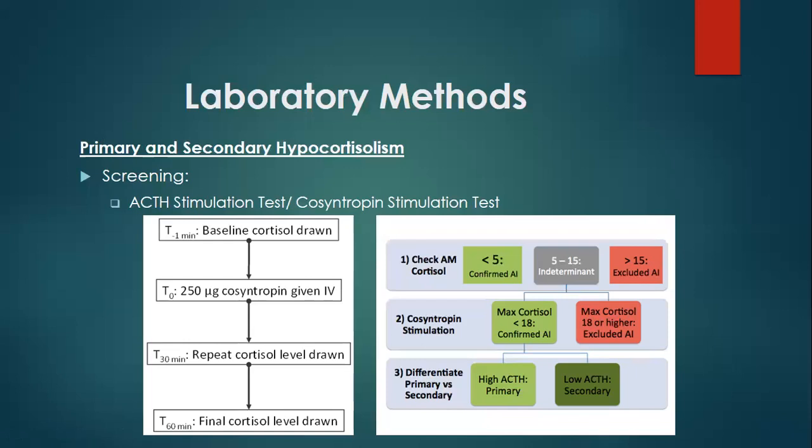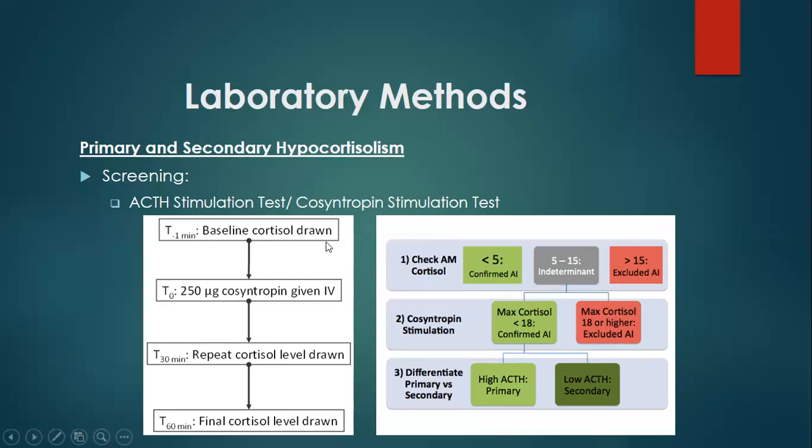A screening test for these two is what we call the ACTH stimulation test or the cosyntropin stimulation test. So how do we do this? We take the baseline cortisol level using a blood serum sample.